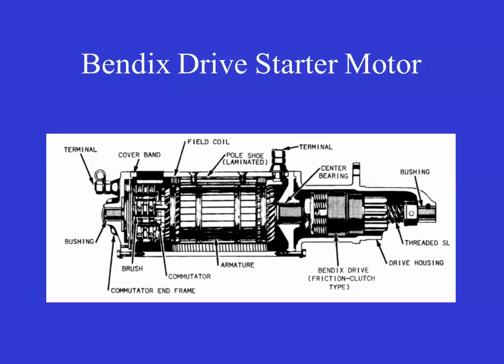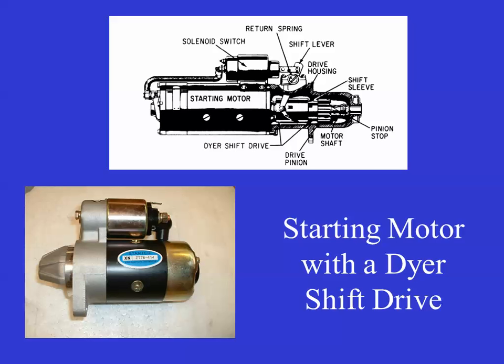The Bendix itself typically uses inertia, and there's a scroll, if you want to put it that way, on the shaft, so that as it starts to turn, the drive gear will move towards the flywheel. Another one, in some cases, you actually have a solenoid that has a fork that pushes the gear into mesh.